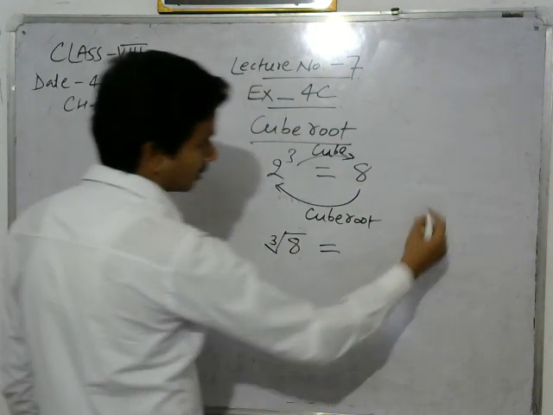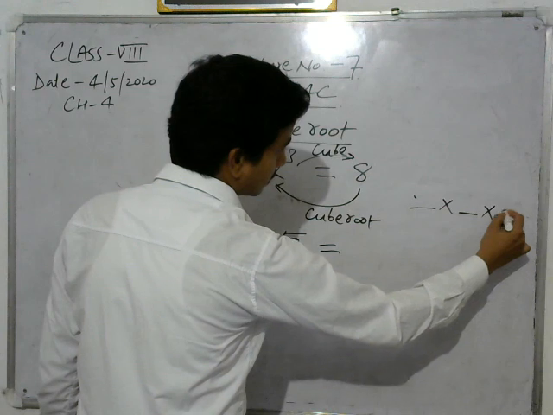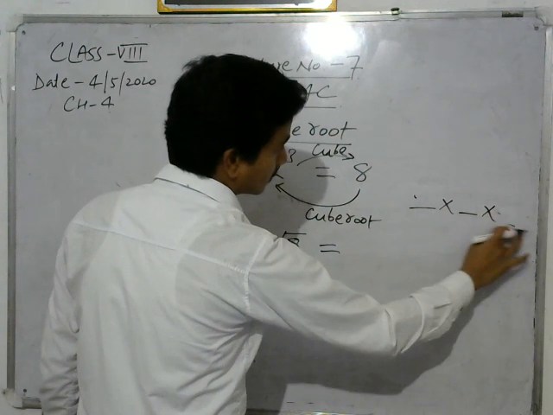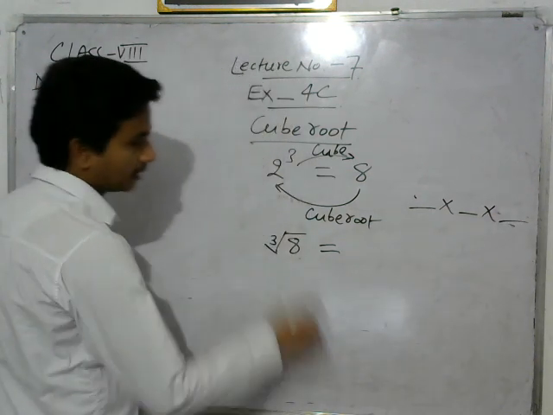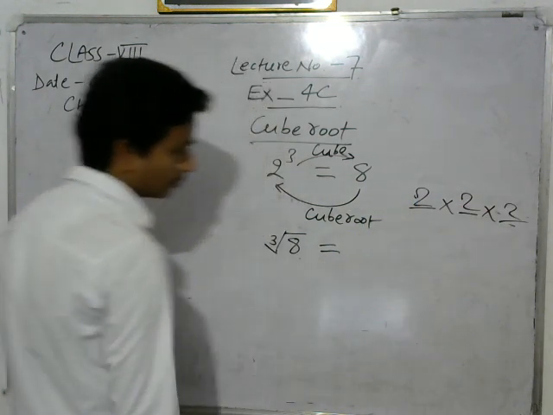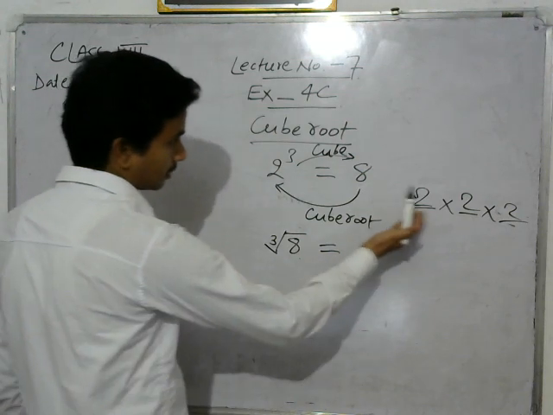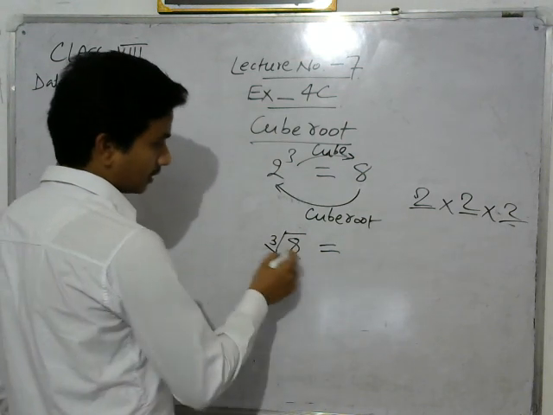Is there any number which we can multiply 3 times and we get 8? Yes, there is a number, that is 2. If you find the cube of 2, then we will get 8.